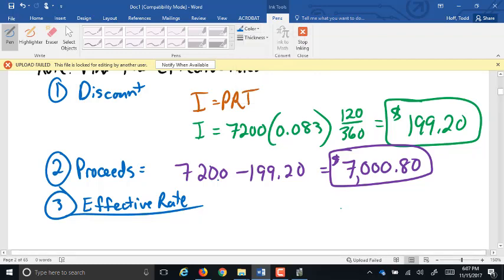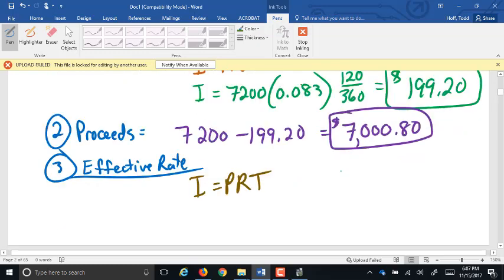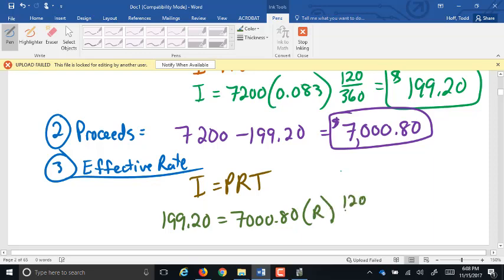Once again, we are using I equals PRT. Only this time we are using what for I? Our discount of 199.2. What are we using for P? The proceeds of $7,000.80. What are we using for R? We're trying to find R. What are we using for T? Still 120 over 360.